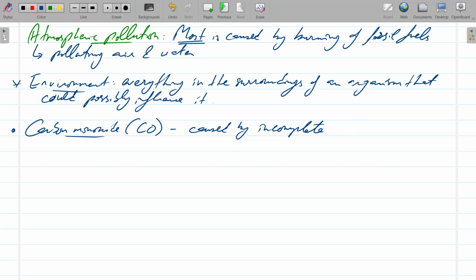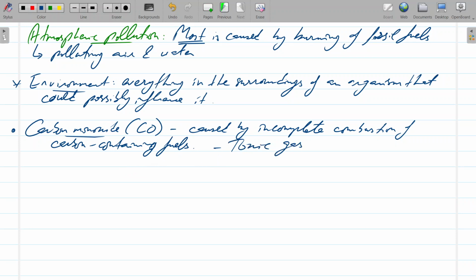When there is insufficient oxygen, then what you end up with is carbon monoxide. It is a toxic gas, so obviously it's problematic.